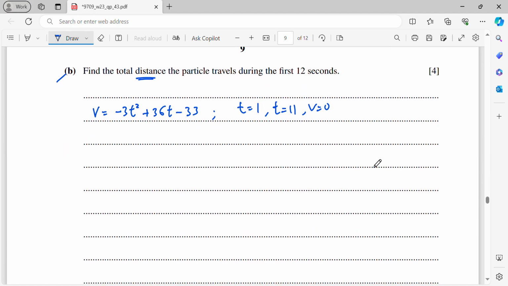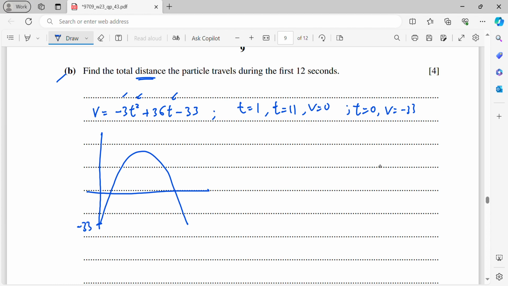Okay, and this is a quadratic curve. So then I simply sketch. So then I know that when t equals to 0, my v is going to be negative 33, because when you replace t by 0 here, obviously it's negative. So just simply sketch. Okay, let's say this is your graph. We just need to get the idea how the graph looks.